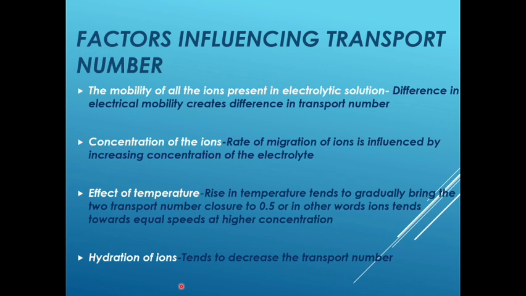Next is hydration of ions. Hydration of ions also affects transport number. How does it affect? It tends to decrease the transport number. इलेक्ट्रोलिसिस के टाइम पे क्या होता है?